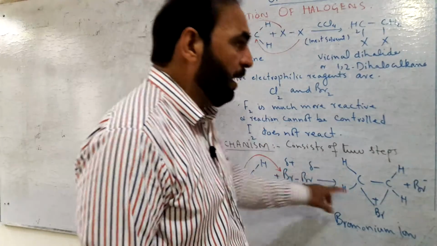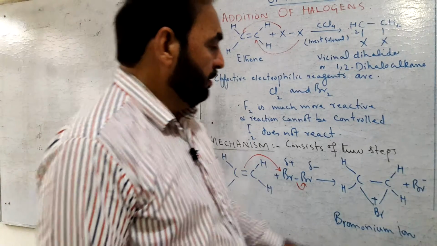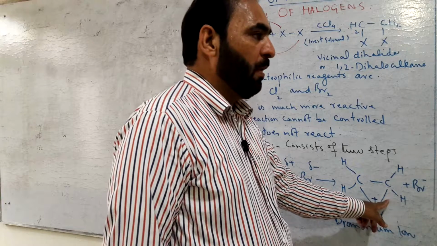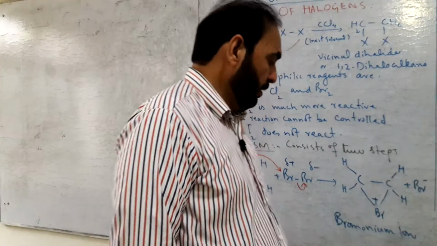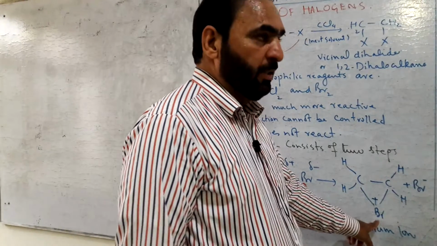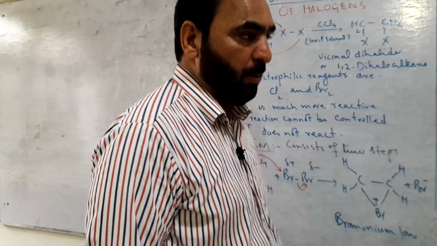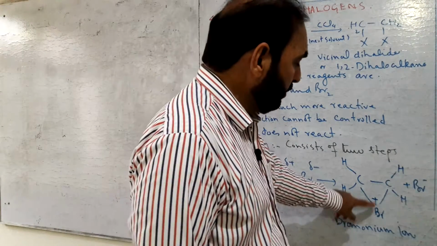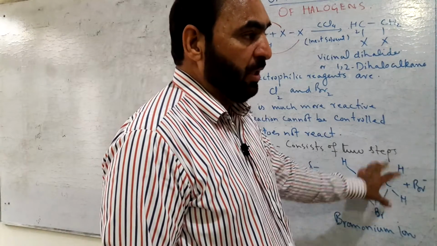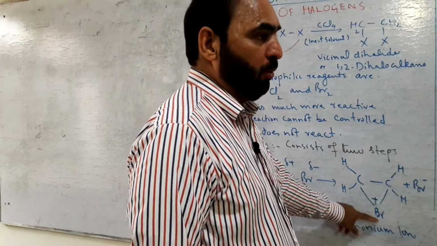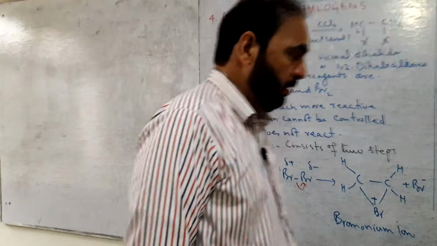One bond is formed by pi electrons, and the second bond is formed by use of a lone pair from the bromine atom. As the bromine atom is using its lone pair to get attached with the second carbon of the double bond, it becomes positively charged. So this ion in which there is a positive charge on the bromine atom is called bromonium ion.